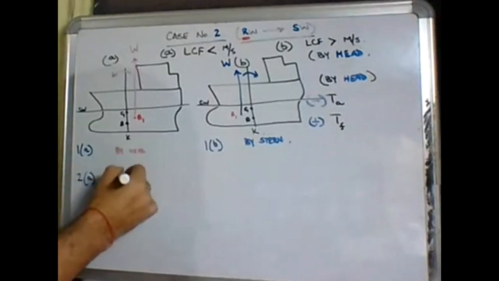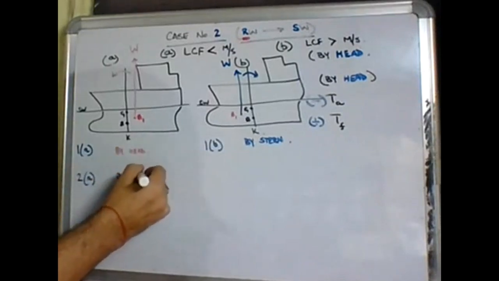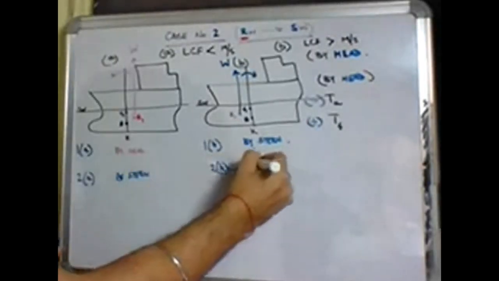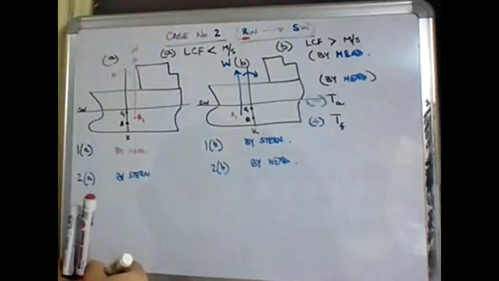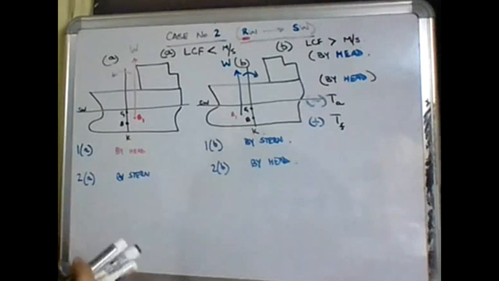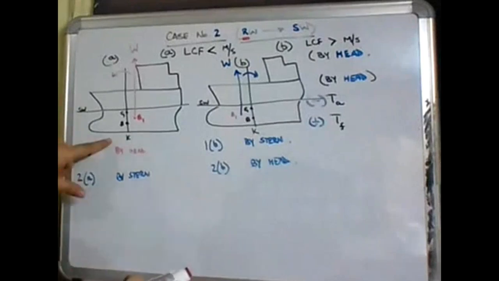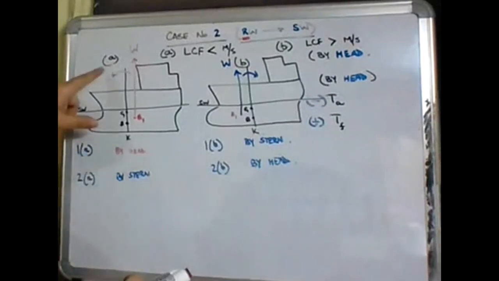This will become by stern. Come to 2B. Yes. This will become by head. This is what I am trying to say. So case number 1A is the same as case number 2B.